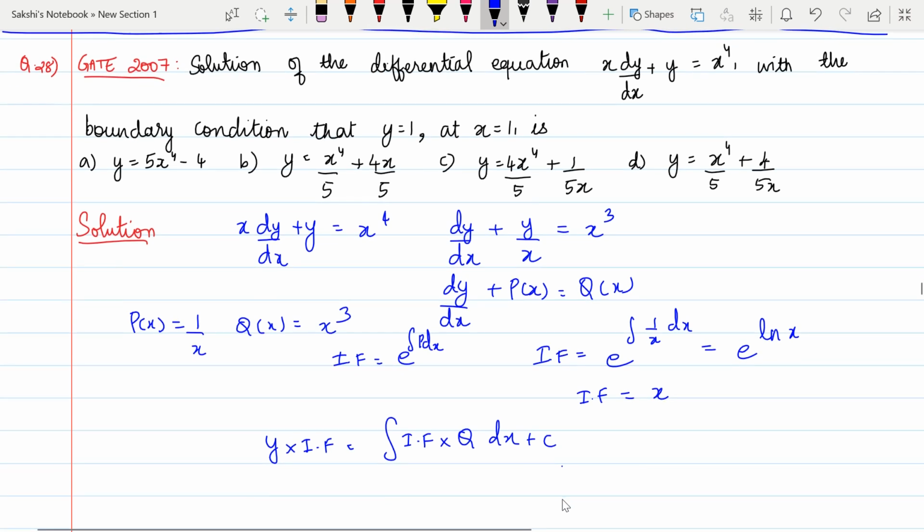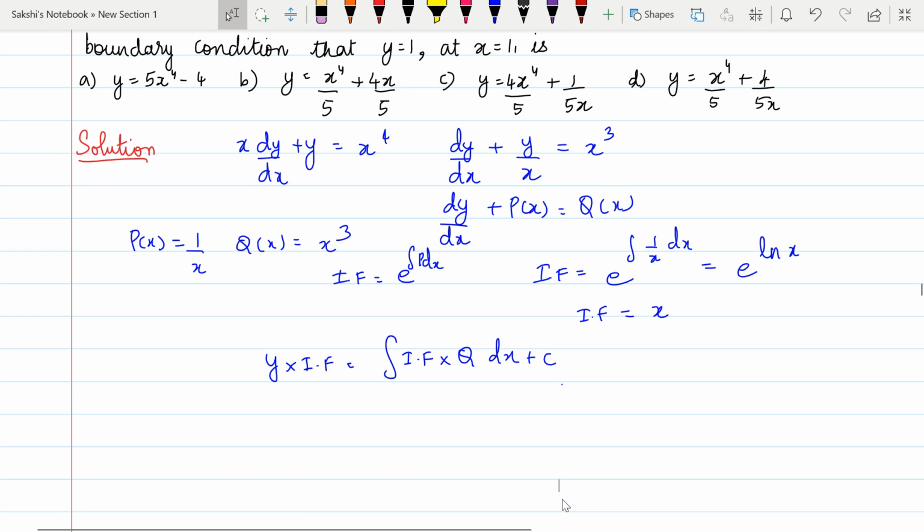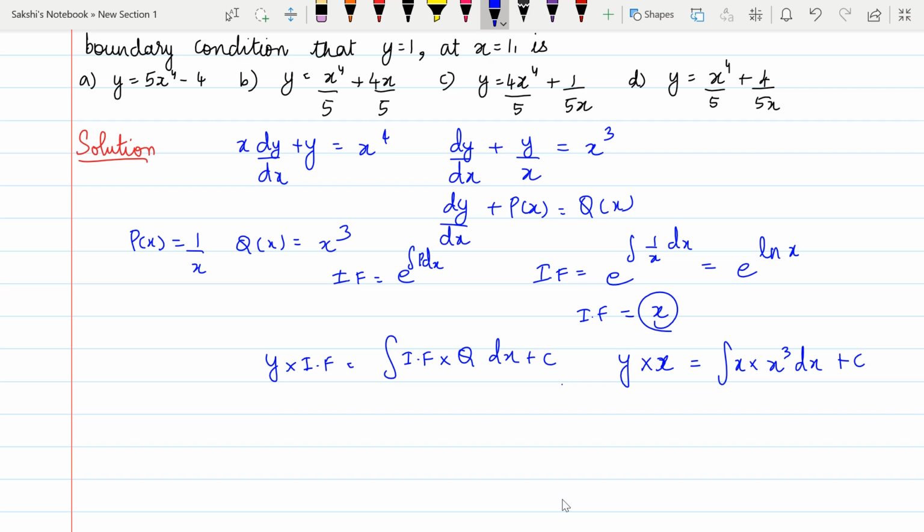Now let us solve this. When we do this, the integrating factor is x, right? y into x is equal to integral of x into our q, which is x cube, dx plus c. So the answer will be yx is equal to integral of x power 4.